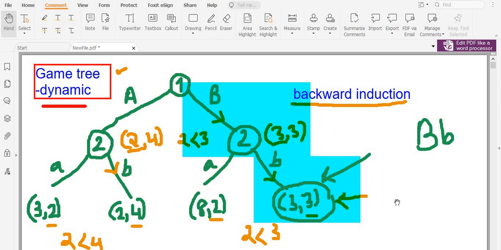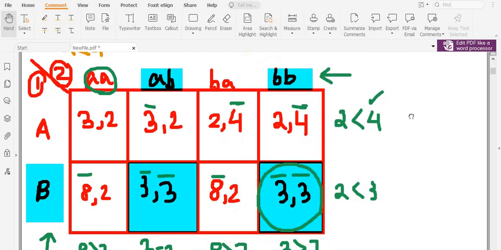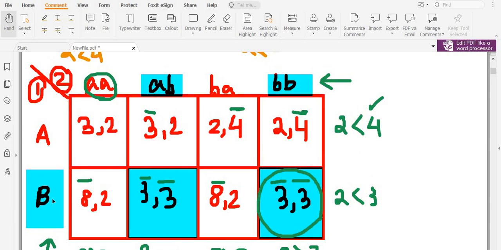But when we look at the static representation of the game, we find two solutions: capital B with small a, small b, and capital B with small b, small b.